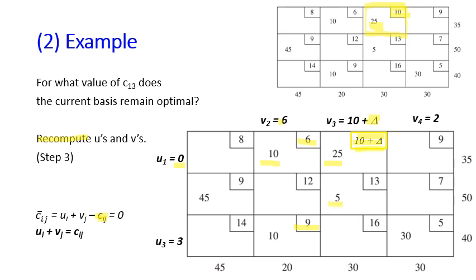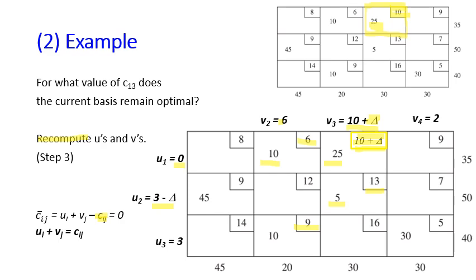Now use this basic variable to calculate u2. So u2 equals 3 minus delta because 10 plus delta plus 3 minus delta equals 13. Okay, so be careful when you have a delta. It can be something plus delta, it can be something minus delta.